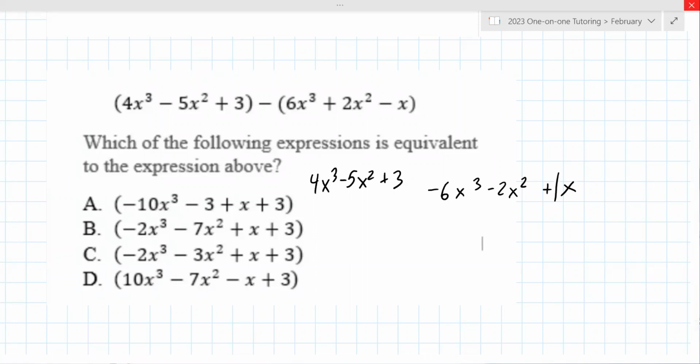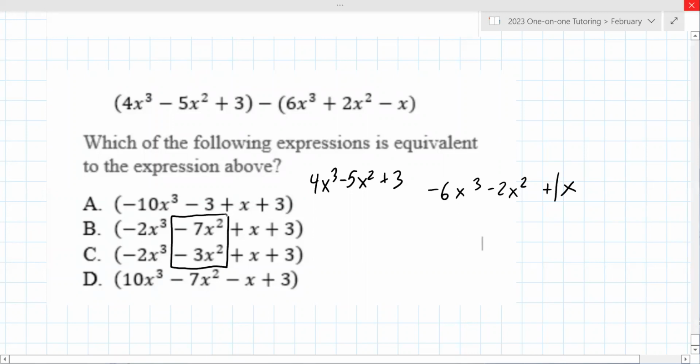So it would either be B or C, right? Because I start with -2x cubed. I would agree. And you should notice the only difference between them is that one there. So that's where you've got to decide which one it is.